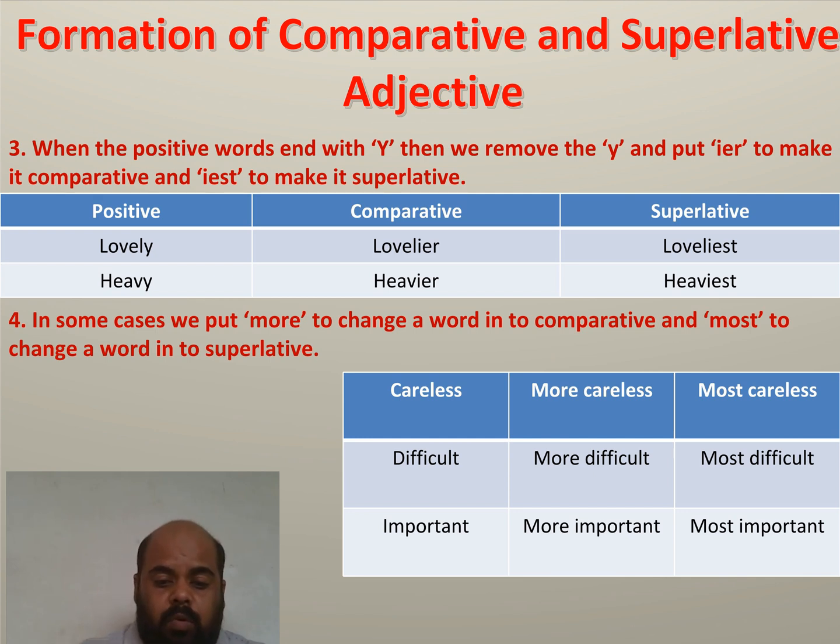Now there is one more rule, in which there are certain words where we cannot put er or est to change them into comparative or superlative. So in these words we put more to change into comparative and most to change into superlative.